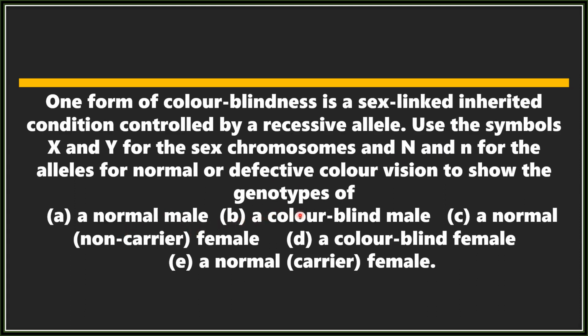B, a colorblind male. C, a normal non-carrier female. D, a colorblind female. E, a normal carrier female.